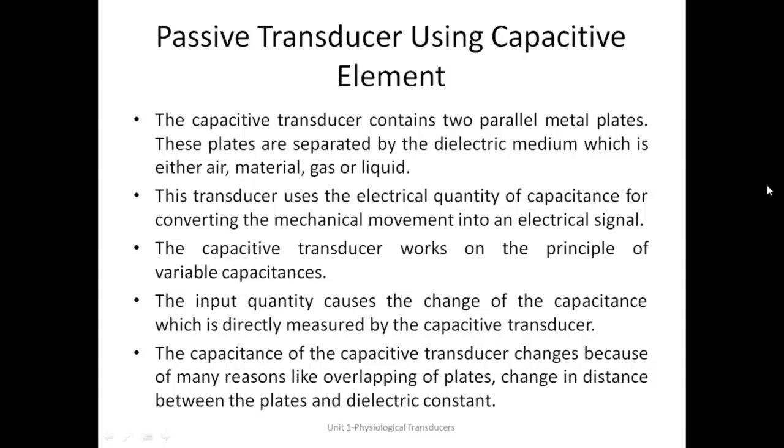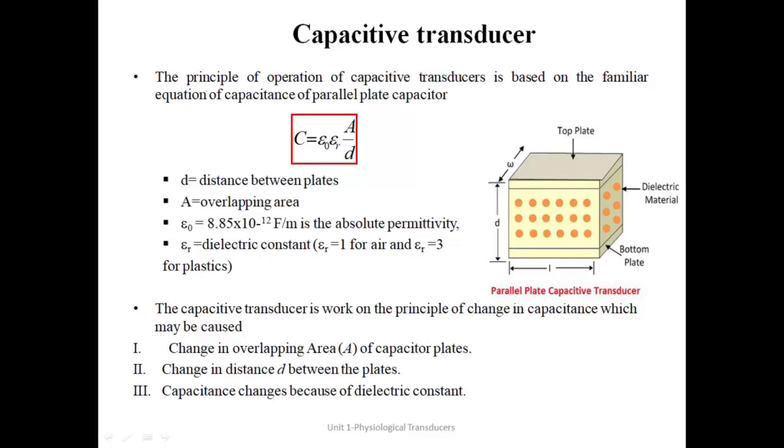The input quantity causes a change in the capacitance, which is directly measured by the capacitive transducer, and the capacitance changes because of many reasons, like overlapping of plates, change in the distance between the plates, and the dielectric constant, right? So these parameters we can understand better if we look at the basics.